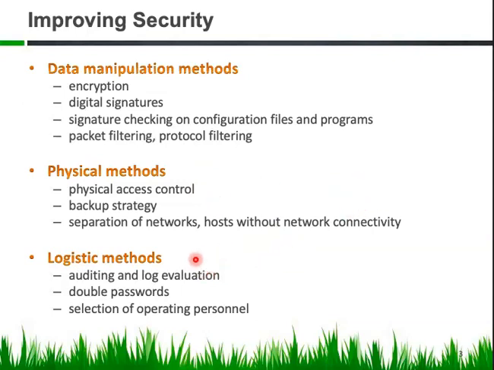For the logistic methods, it involves, for example, auditing and log evaluation, double passwords before someone can access information, and selection of operating personnel. These are the logistic methods that an organization can take in order to make the network secure.